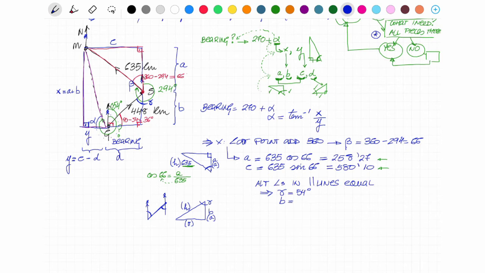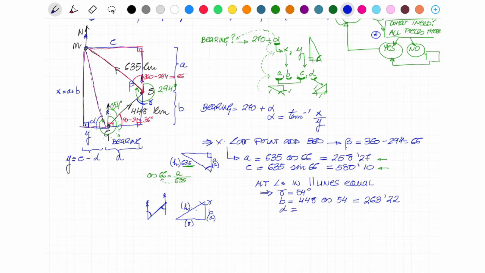So it's more of the same. The link between adjacent and hypotenuse is the cosine. So that means that B is going to be 448 times the cosine of 54. If you do that, that is 263.22. And I can get D.